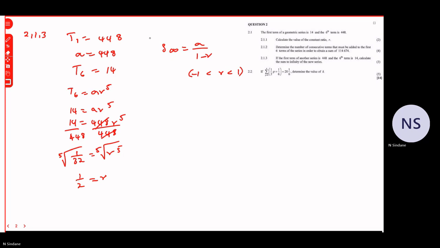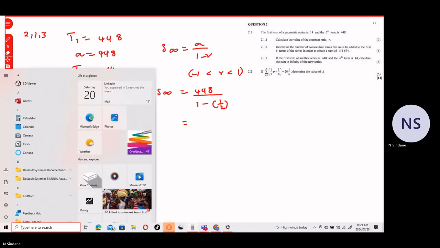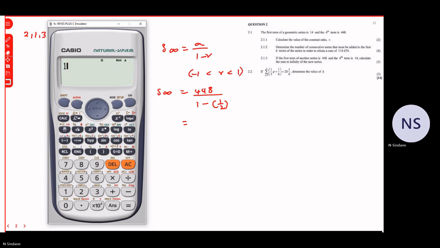So in this case, I'm going to say sum to infinity is equal to A, which is 448, divide by 1 minus 1 over 2. This will give me what? Let's see. Should be 448 times 2. Okay, let's see. 448 divide by 1 minus 1 over 2. This is 896.